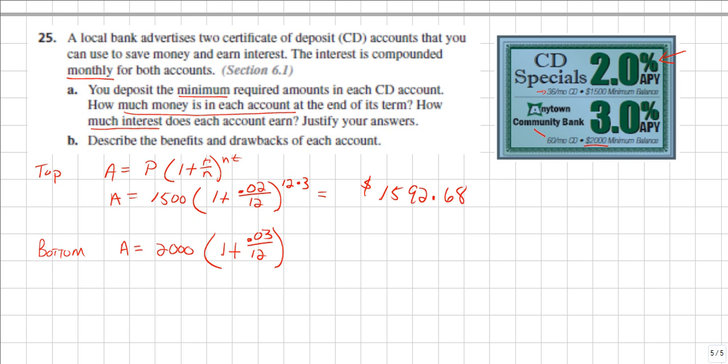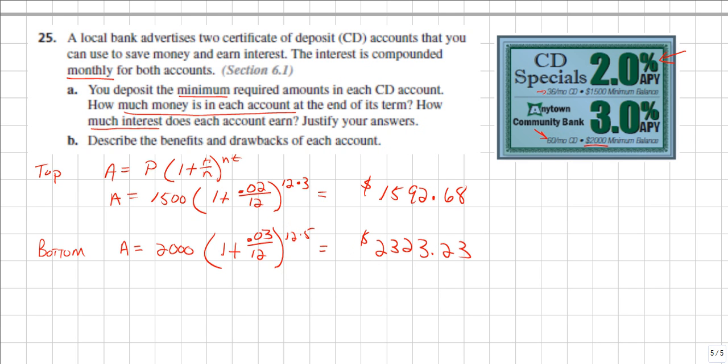Okay, so it's for 60 months, so that would be 5 years, so that would be 12 times 5. And let's see what that equals. When I plug those numbers in the calculator, I got $2,323.23.